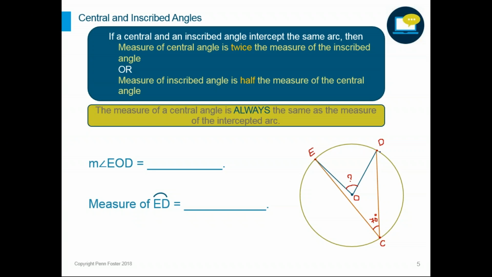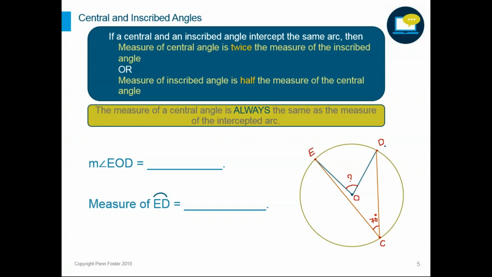They are trapping the same arc ED. Then the measure of the central angle EOD should be twice the measure of the inscribed angle. Or I can state that another way: the measure of the inscribed angle ECD is half the measure of the central angle EOD.